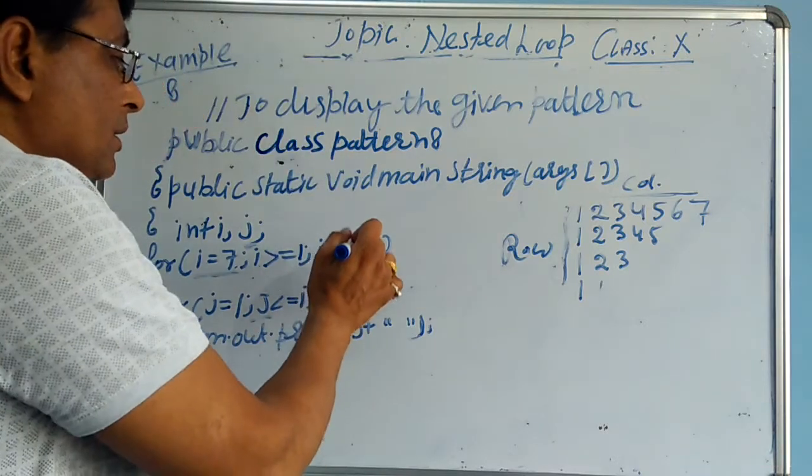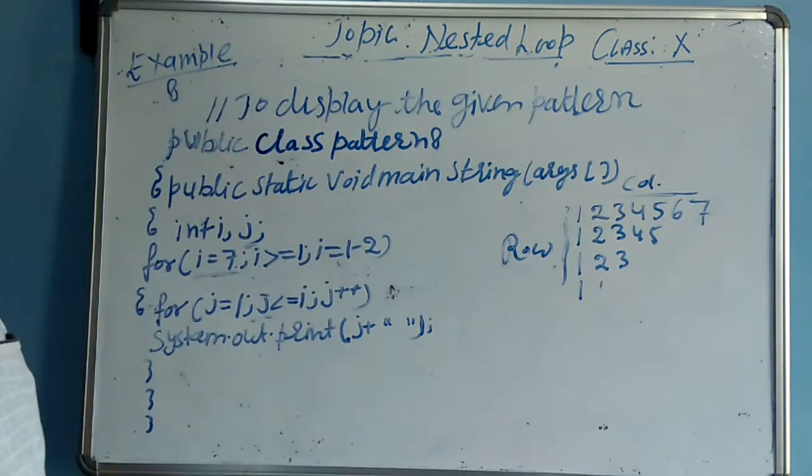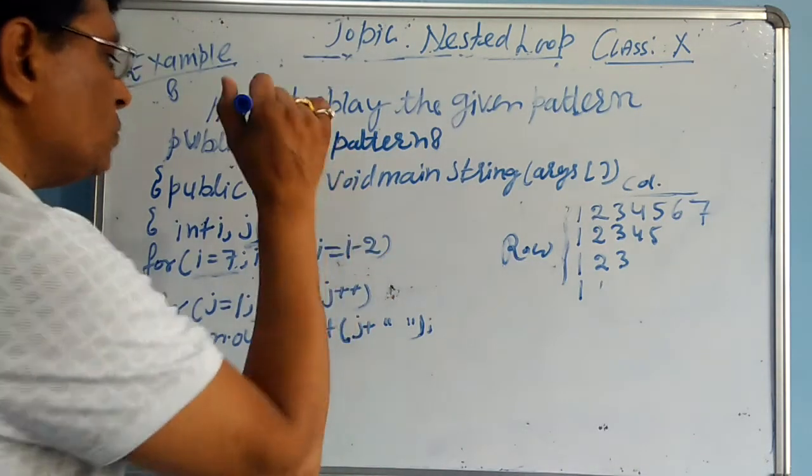The number of iterations is 2, so it decreases: i minus 2.